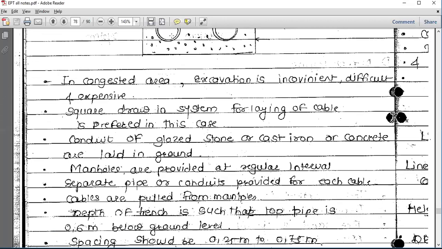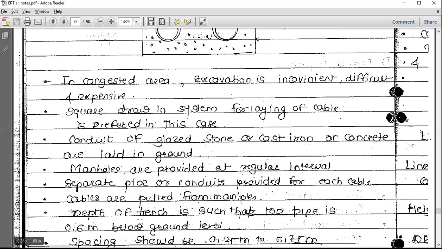Holes at equal spacing will be provided for the laying of cable. So the manholes are provided at regular intervals. Then a separate pipe or conduit is provided for each cable. Then the next point is that cables are pulled from the manhole. That means there should be manholes at equal intervals in order to lay the cable.